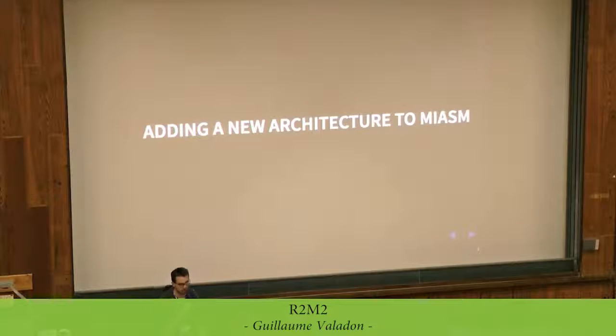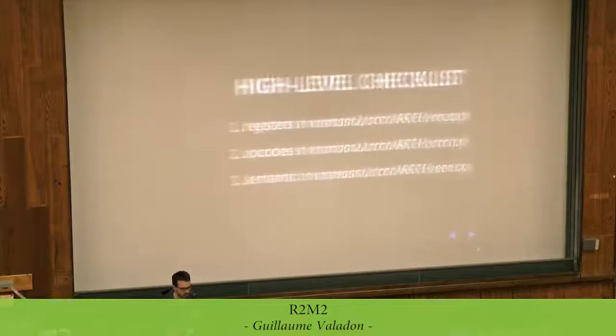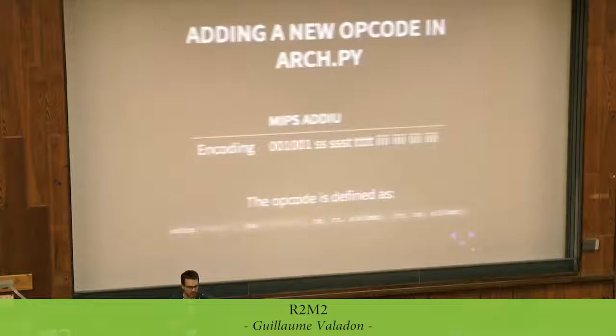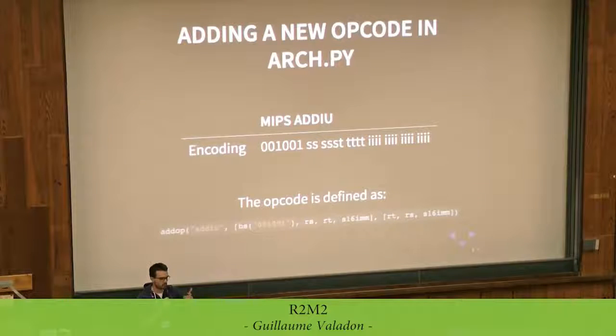I want to be architecture independent, and I want to be really lazy. Adding a new architecture to miasm is really easy, which is why I chose it. You put your registers into the regs.py file and define your architecture in arch.py, so your instructions. Here I'm adding a really simple instruction, a MIPS add. You read the documentation, define the new instruction in miasm, and give it a bit string, so you copy paste from the documentation.